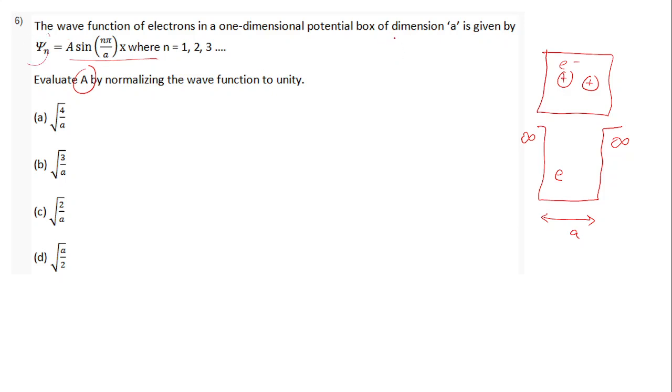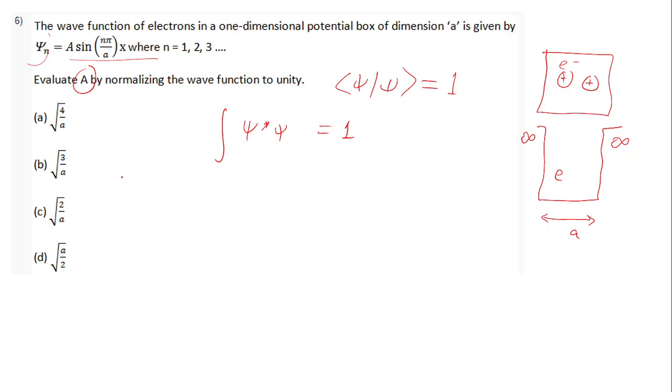So we know that when we normalize the wave function, we take its inner product and we get 1. So normalizing the wave function to unity, we can find this constant.